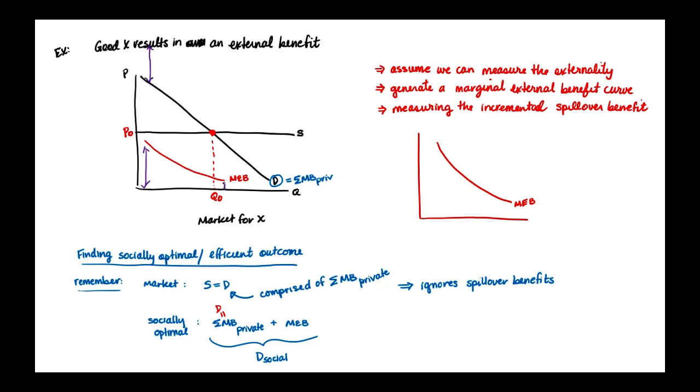And I want to take this distance right here and add it. So we're generating the social demand curve. I get something that looks like that, right?